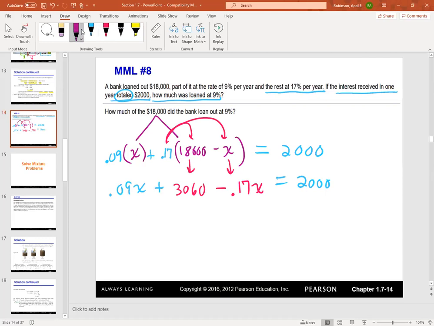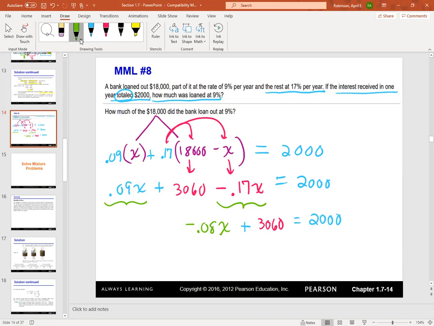I have some like terms. I've got a 0.09x and a negative 0.17x. When I combine those, that's going to be a negative 0.08x. I still have the plus 3060, and that's going to equal $2,800.